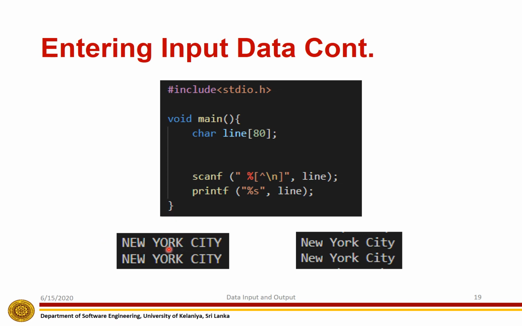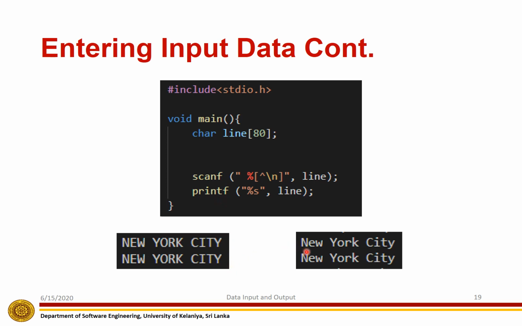When I give this to the computer and press enter, the enter key will issue the new line character. So it signifies the end of the string. So it will get the whole string and the printf function prints it.